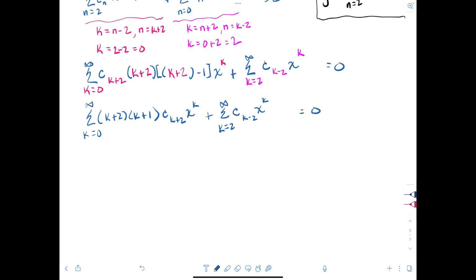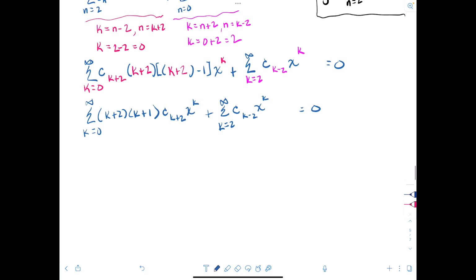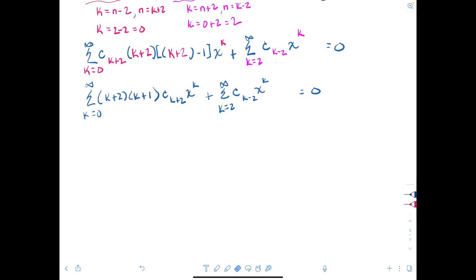Now we want both of these x's to be raised to the same power, so we're going to have to adjust the summation.